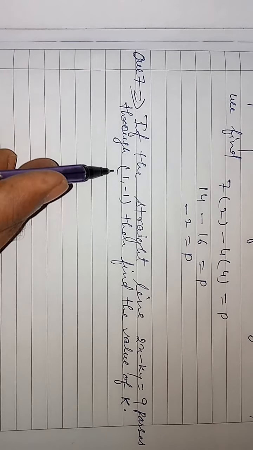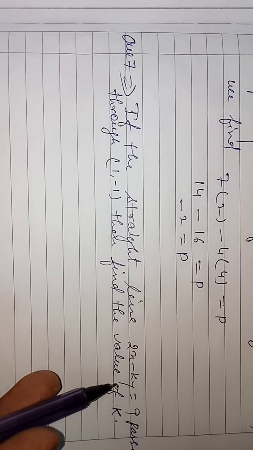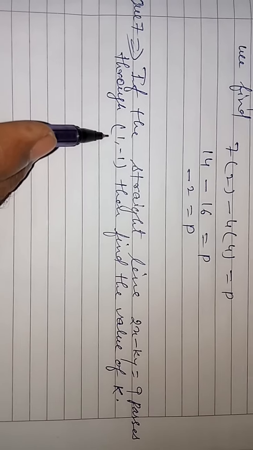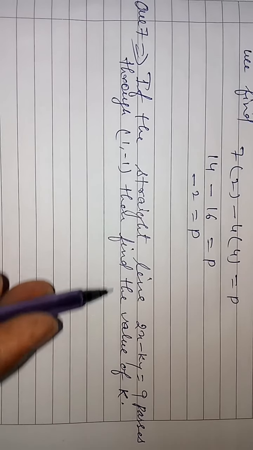Question number 7 is: if the straight line 2x minus ky is equal to 9 passes through (1, minus 1), then find the value of k.